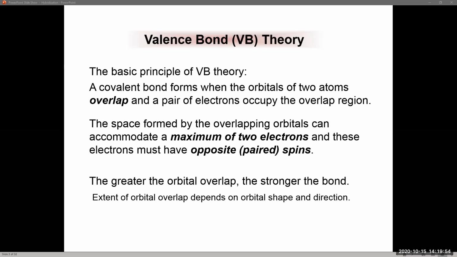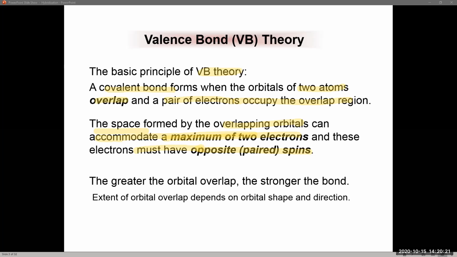So if I were on your end, I would write down: valence bond theory, covalent bonds when 2 atoms overlap, pair of electrons occupy the overlap region. Overlapping orbitals accommodate maximum 2 electrons, and they must have opposite spins.